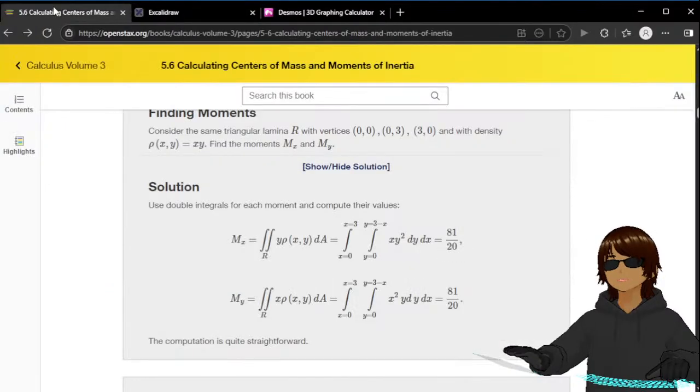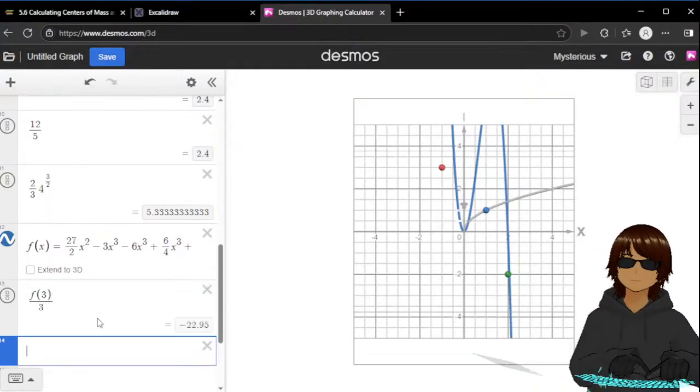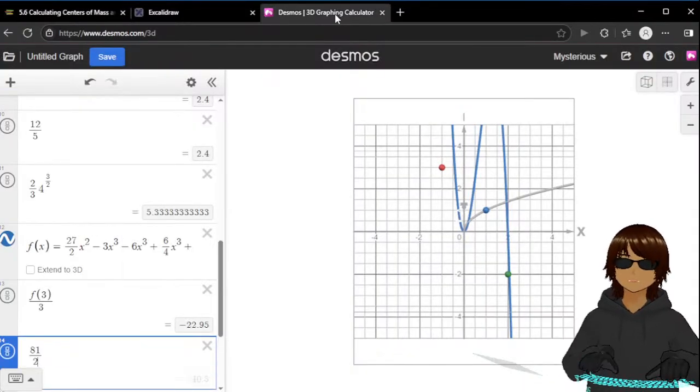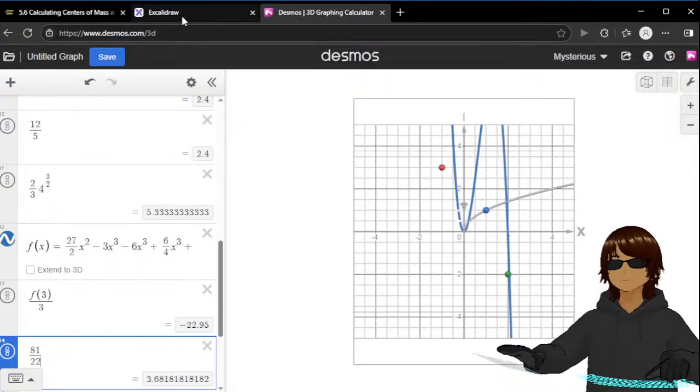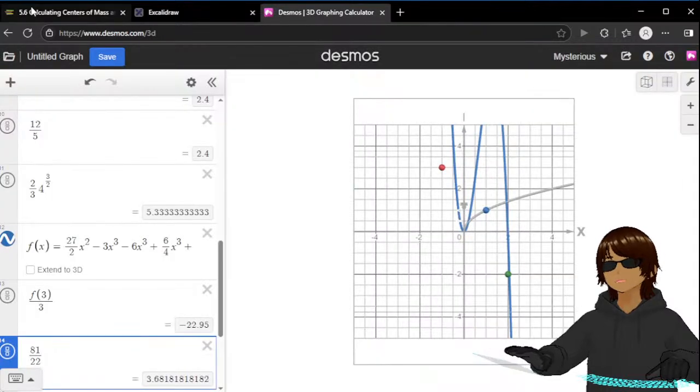Okay, I don't know what the issue is. I'll have to look at it later. What is the correct answer anyway? 80 or 81 divided by 22. Yeah, I will look at it later.